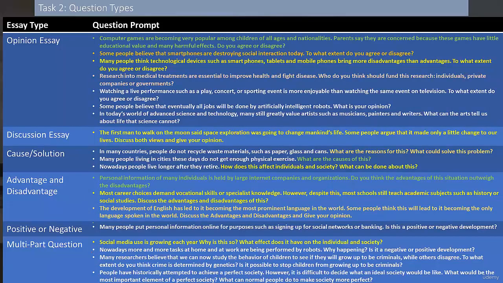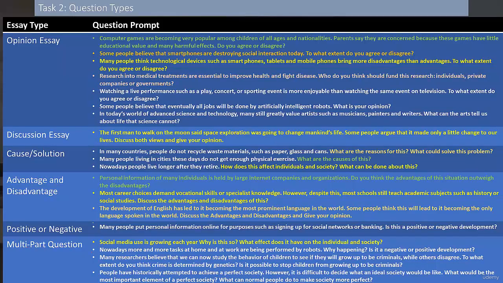So in terms of task 2, we have these different question types. You have an opinion essay, you have a discussion essay, a cause or solution. Sometimes it's more than cause or solution. It could be effects, right? It could be effects and solution. It could be problems and solution, right?